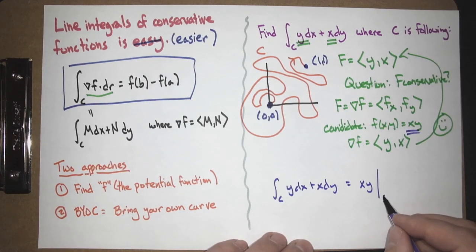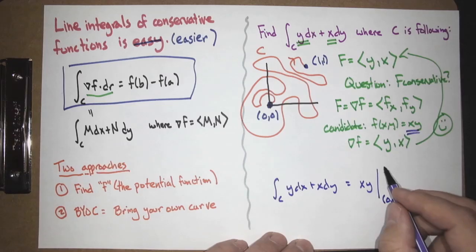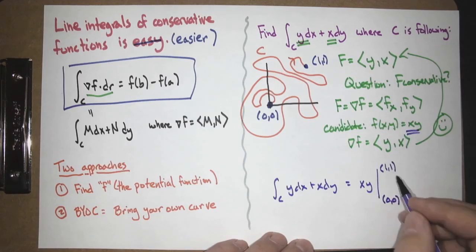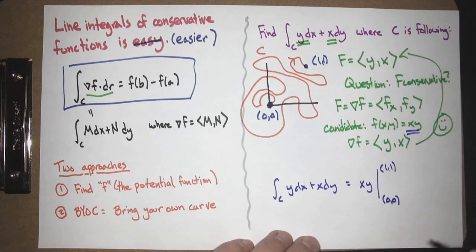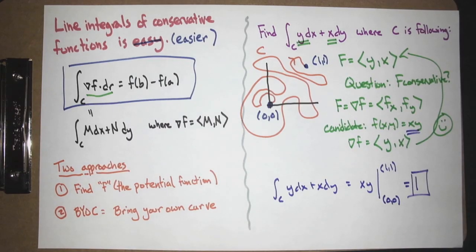Where you end, you put that at the top, where you start, you put it at the bottom, like you would in Calc 1. When you plug in 1, 1, what comes out? 1. Plug in 0, 0? 0. So the answer is 1. All right. Cool.